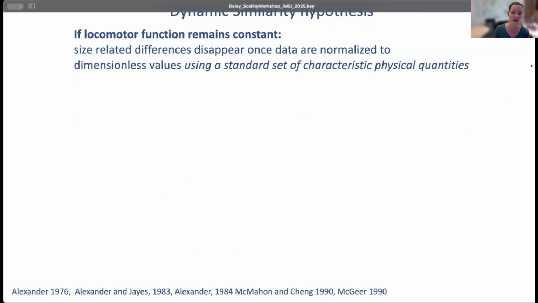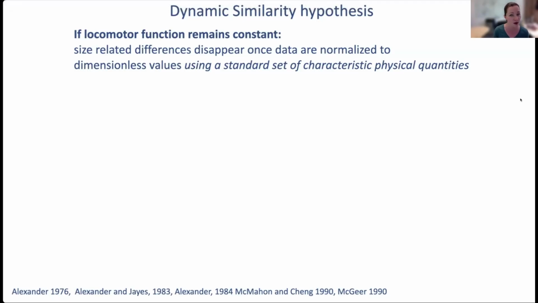So the dynamic similarity hypothesis is that if locomotor function remains constant, then size-related differences will disappear once the data are normalized to dimensionless values using a standard set of characteristic physical quantities. And so what we need to do is decide what the appropriate set of characteristic physical quantities are for legged terrestrial locomotion.